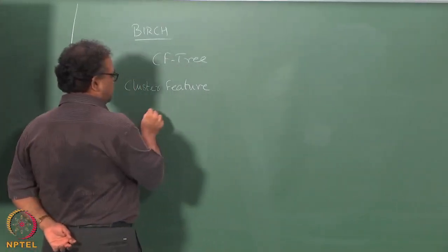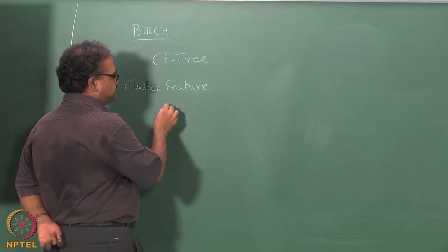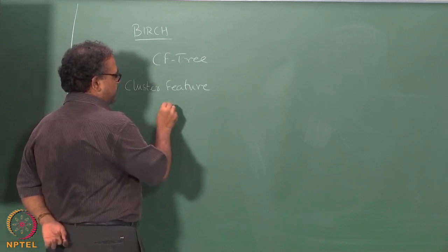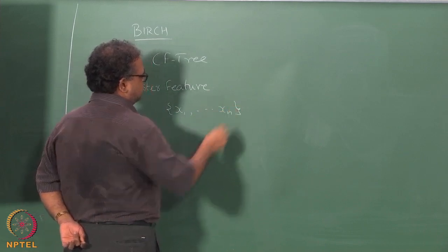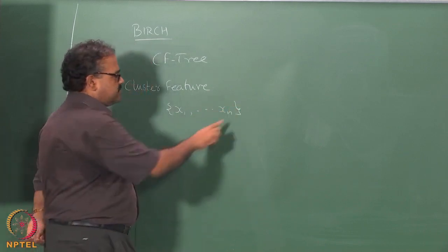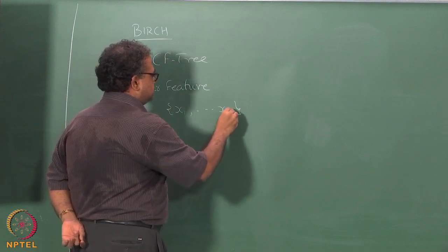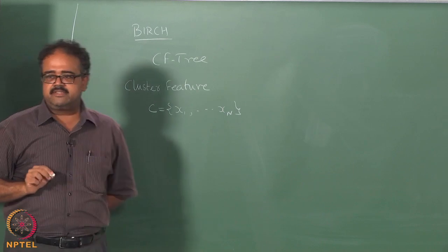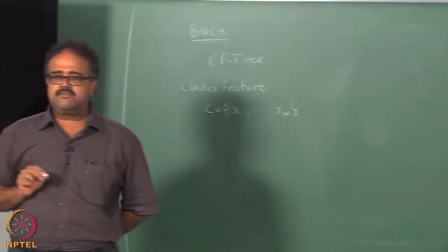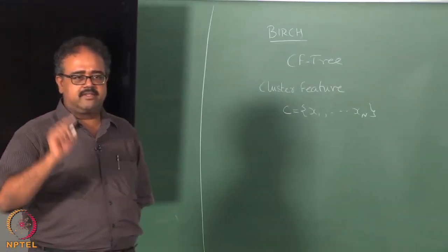Suppose I have a cluster that consists of some n points. I will denote the cluster by C. The cluster C consists of some n points, which I will denote as x1 to xn.